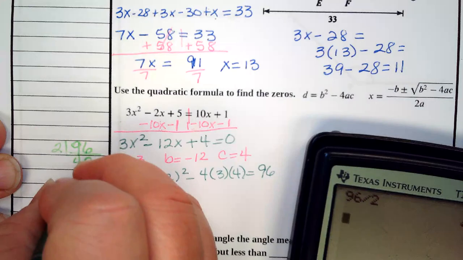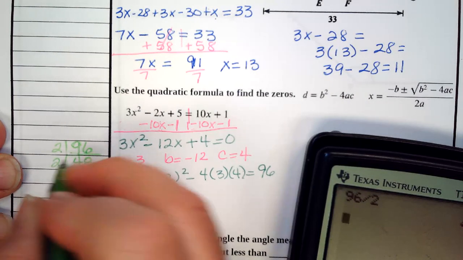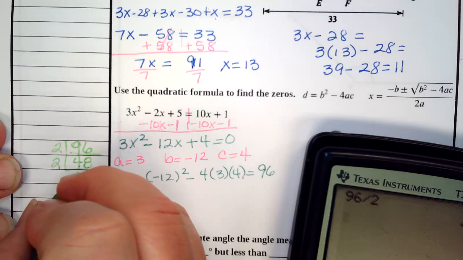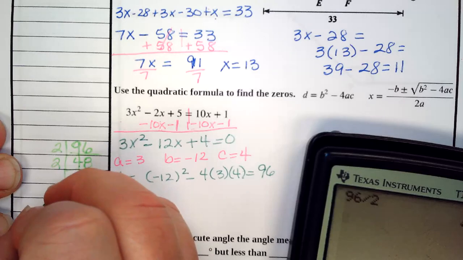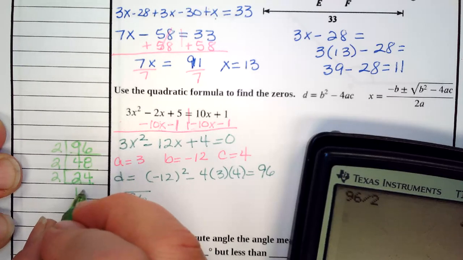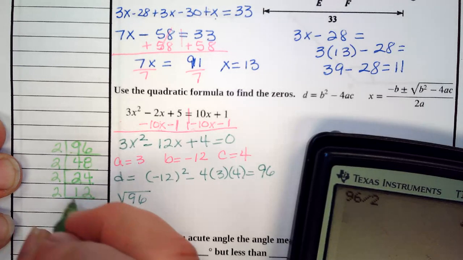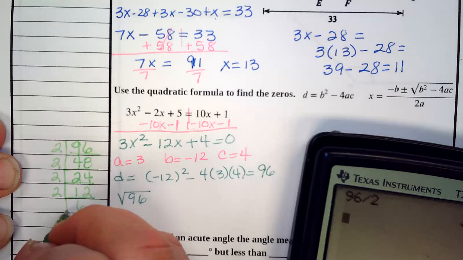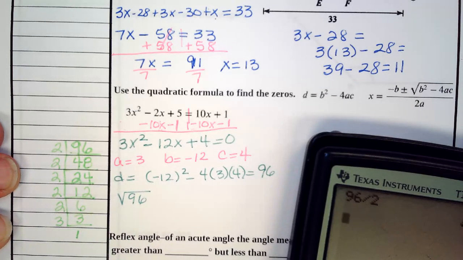Is 48 even? Yes, it is. I can divide by 2 again. I get 24. Is 24 even? Yes. Divide by 2 again. You get 12. Is 12 even? Yes. Divide by 2 again. You get 6. The factors of 6 are 2 times 3. 3 is a prime. When I hit 1, I am done.